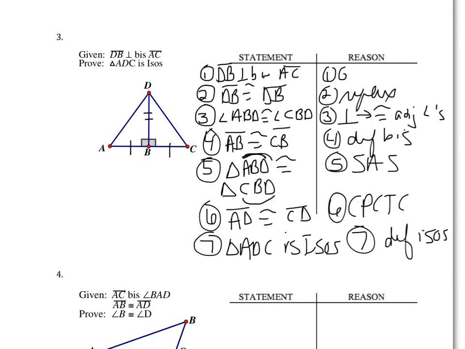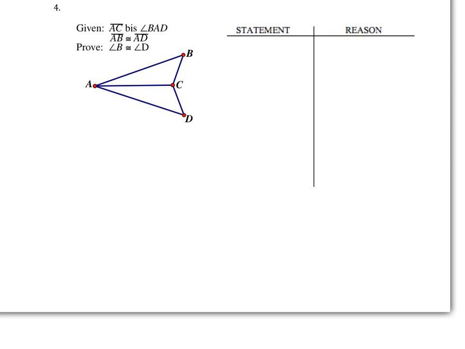All right, we're going to go ahead and move on to number 4. Looking at this, we're going to start with our given and make our plan for our proof. AC bisects angle BAD. If it bisects that angle BAD, that means that this angle here and this angle here are congruent to one another by definition of bisector.